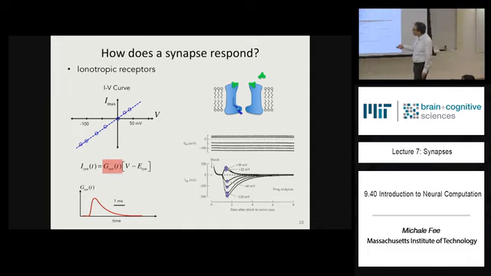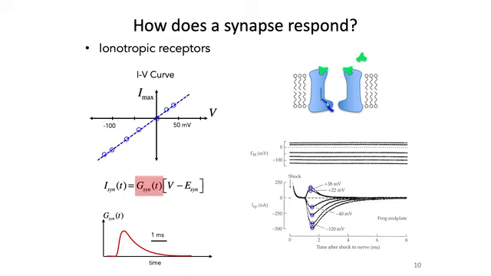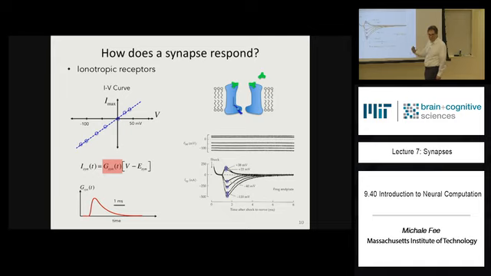Yeah, so remember, this is as a function of time, right? And this is exactly what the sodium conductance looked like as a function of time. It turns on, and then it turns off. For the sodium conductance, this turning on happened with a voltage step, and the turning off happened because of the inactivation gate, right? In this case, it's different.